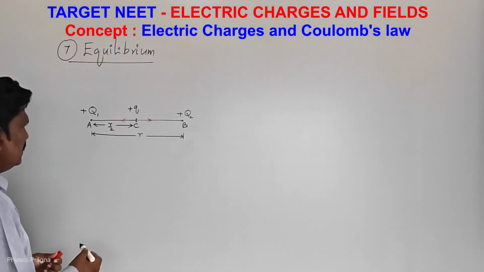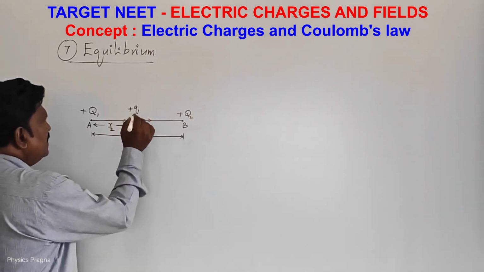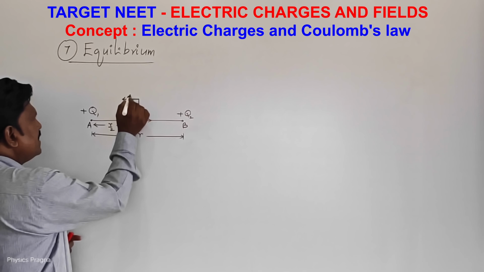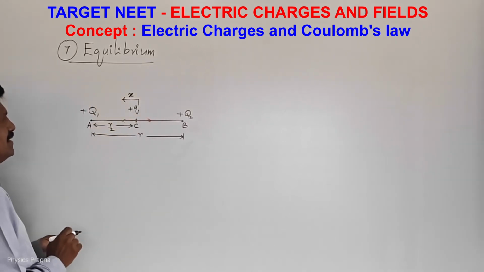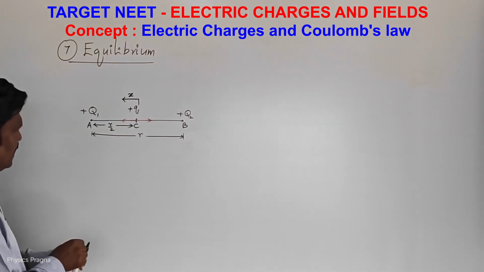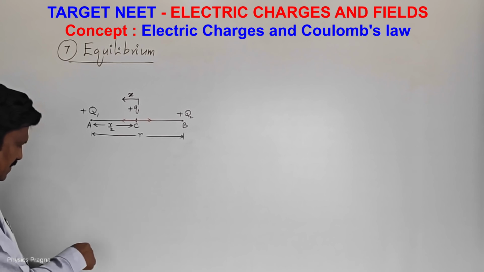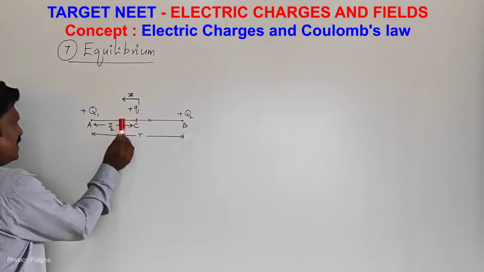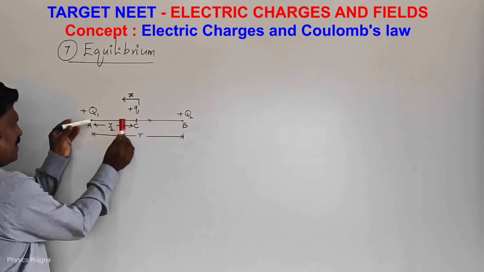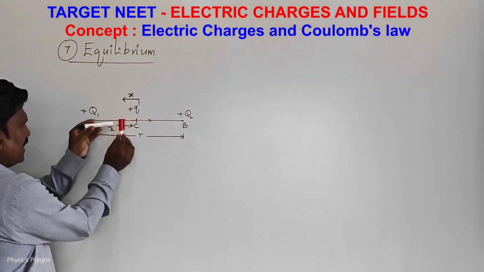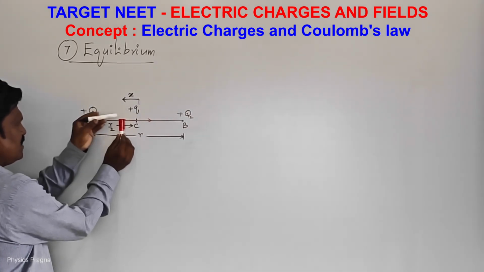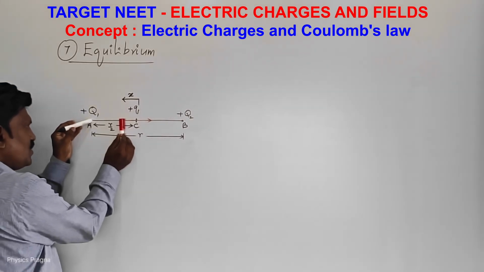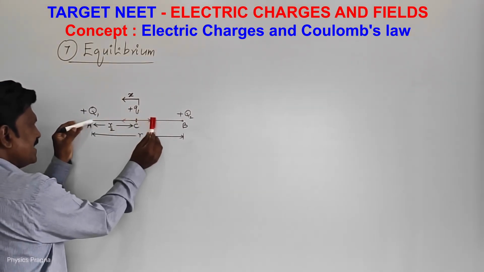For that, I just move this charge towards the q1 charge an x distance. Then what happens? When this charge is moved towards q1, it comes very near, so the repulsive force between small q and capital Q1 is great, so it will be pushed off onto the other side.